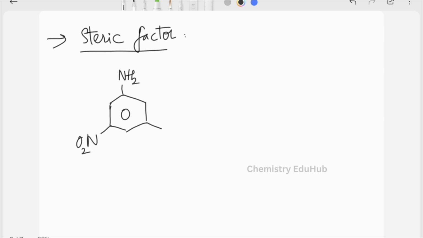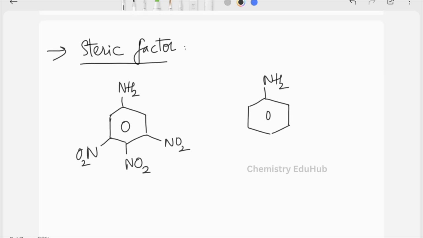So let us see amine with substituted nitro groups at 3rd, 4th and 5th positions, and the aniline with 2 NO2 groups and 1 cyano group.